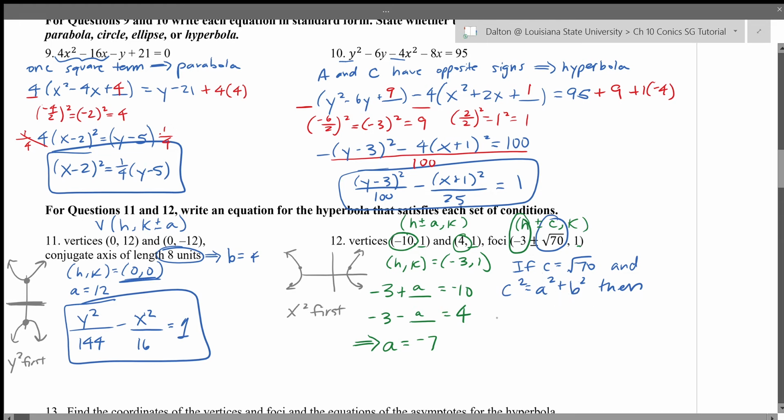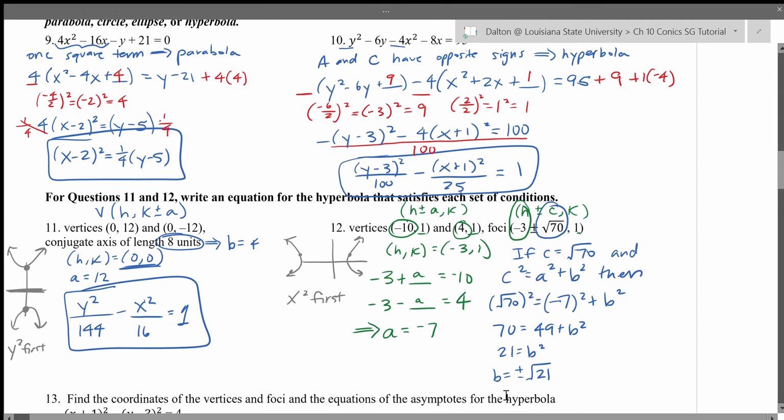So c squared, the square root of 70 squared, is equal to a, which is -7, squared plus b squared. So the square root of 70 squared is literally 70, equals -7 squared, which is 49, plus b squared. So subtract 49 from both sides and you get 21 equals b squared. So b is going to equal plus or minus the square root of 21.